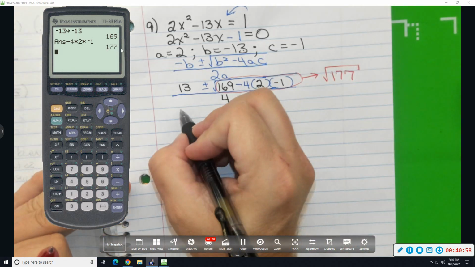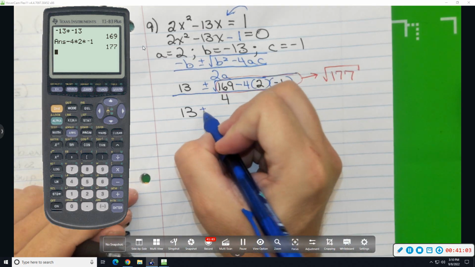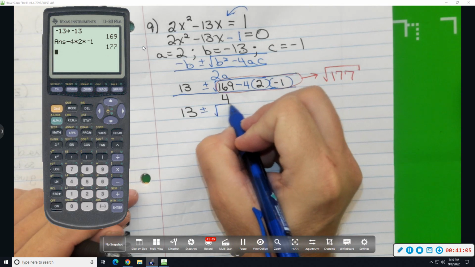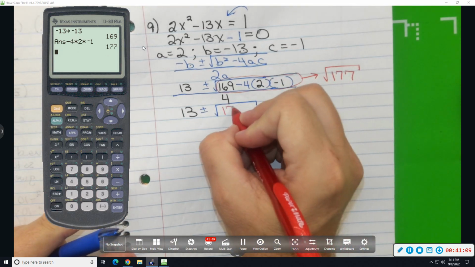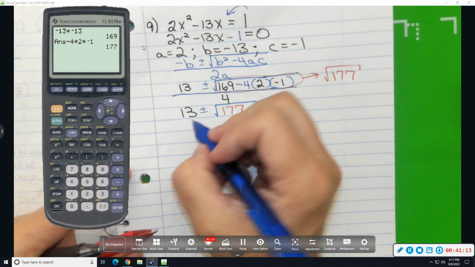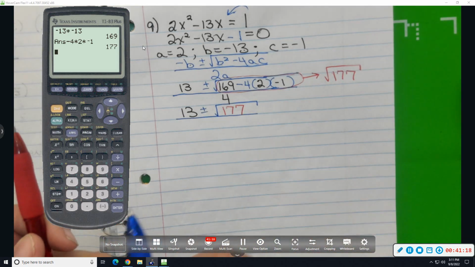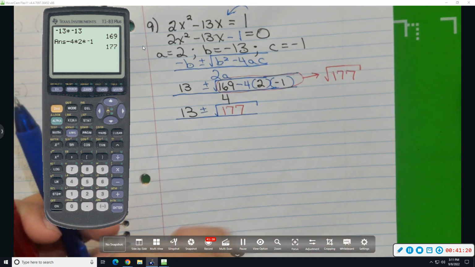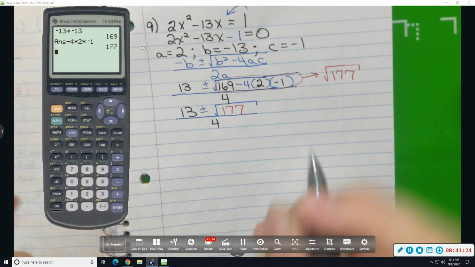So we now have 13 plus or minus the square root of 177, all over 4. We're going to try to simplify the square root of 177. I can tell it's divisible by 3, but 3 isn't a perfect square.